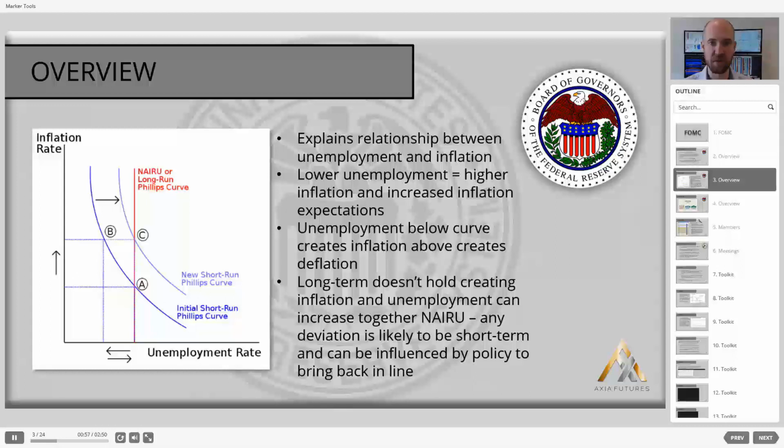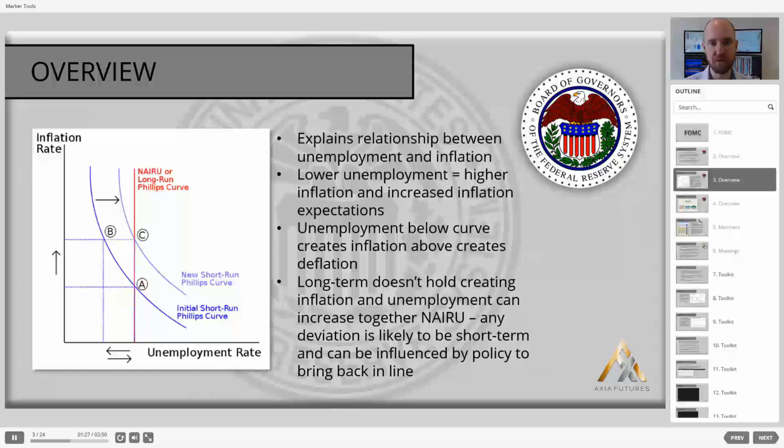Inflation has risen. Now, to move to point C, unemployment falls, yet inflation expectations remain, and so you end up with a new short-run Phillips curve. So in the short term, this holds. In the longer term, however, this relationship does not hold over a long period, resulting in a natural inflation rate.